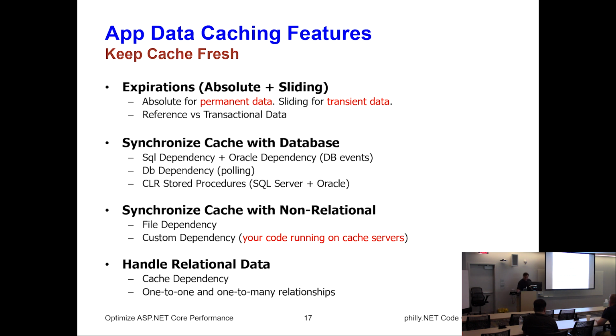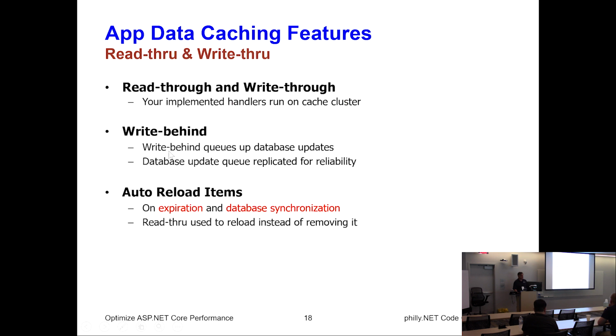A custom dependency is something that you implement. It is your code, server-side code. NCache has this concept of server-side code that you write that lives on the cache server. Custom dependency is one. Read-through, write-through is another.